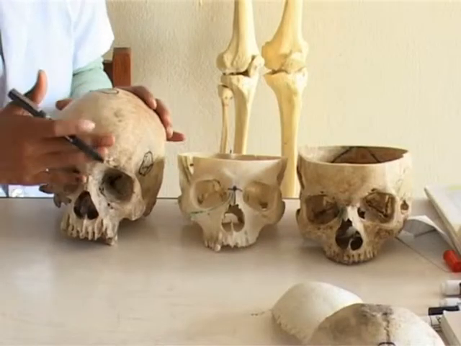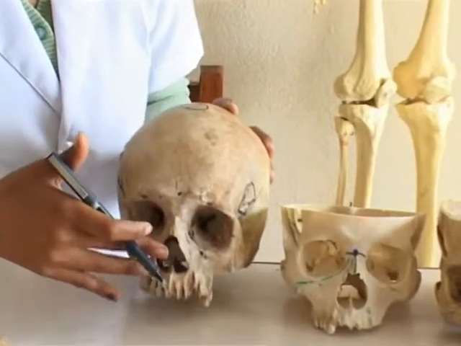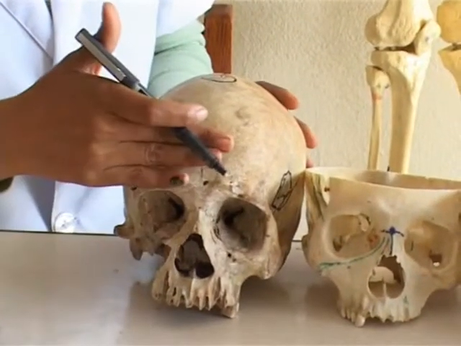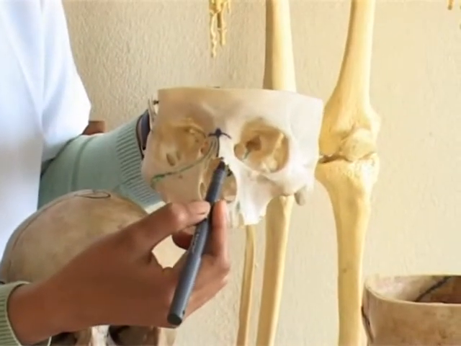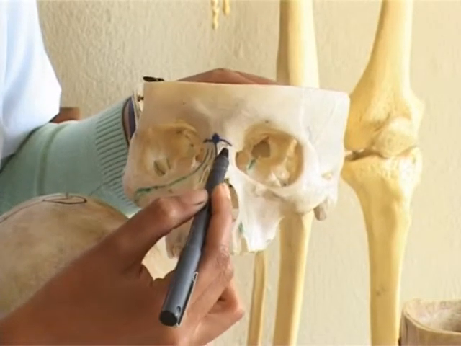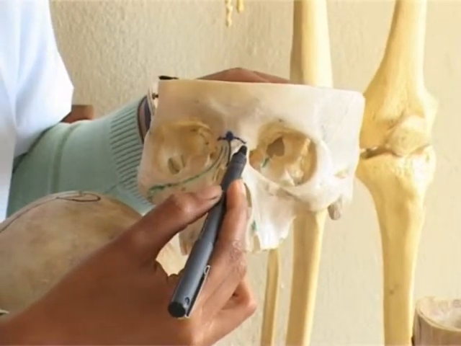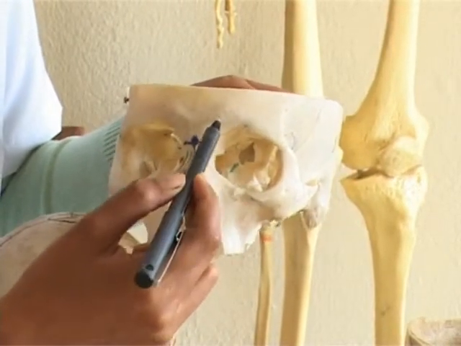The view of the skull seen from the front is known as norma frontalis. It shows the frontal bone, the two nasal bones, internasal suture, frontonasal suture. Orbits are present below the frontal bone on each side of the nasal cavity.